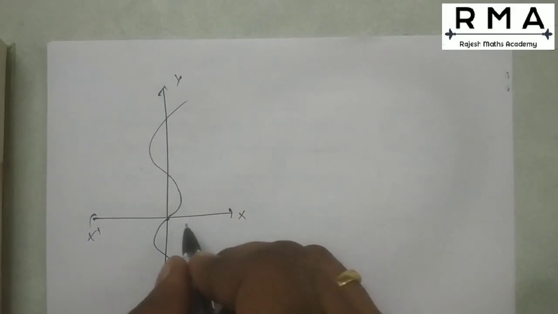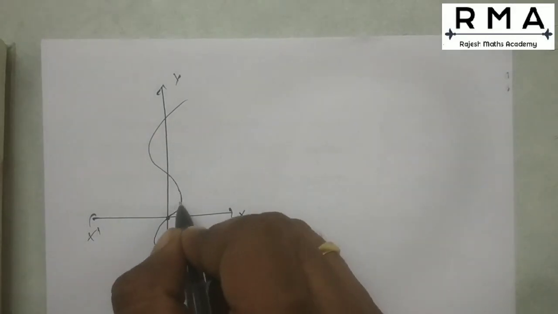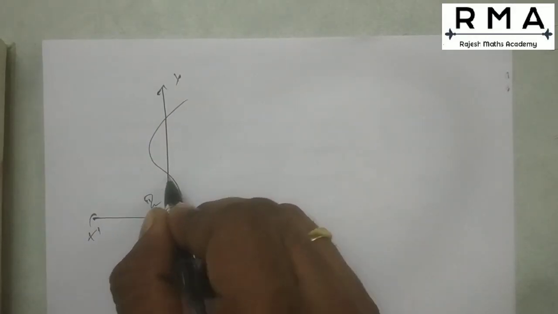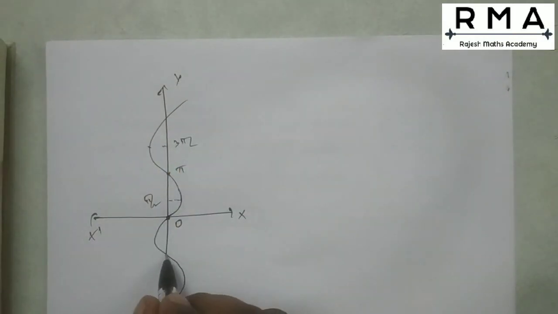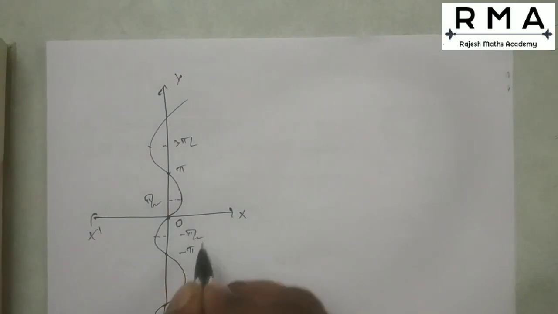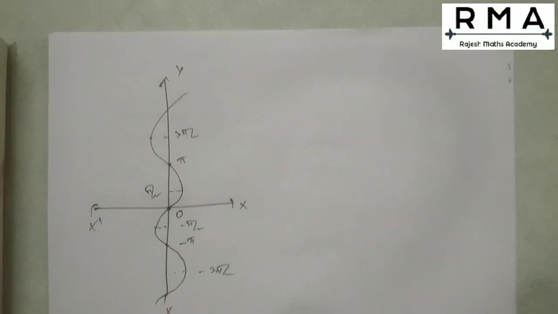This is 0, it is pi by 2, it is pi. Similarly it is 3 pi by 2, down minus pi, this is minus pi by 2, minus 3 pi by 2 as well. This is the graph for sine inverse. So y equal to sine inverse of x is the graph of sine inverse.